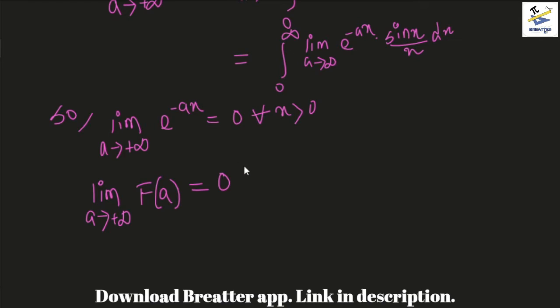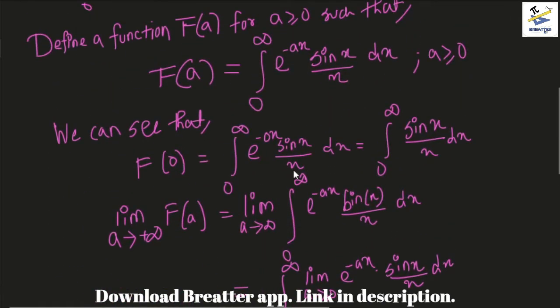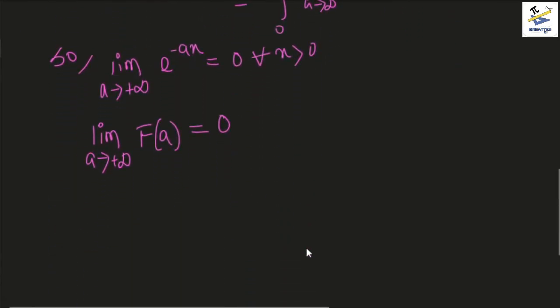So our two results are, firstly, f of 0 is equal to the integral we are trying to find the value of, and the limit as a tends to infinity of f of a is equal to 0, and this is due to the uniform convergence of the integral, but that we shall discuss later.